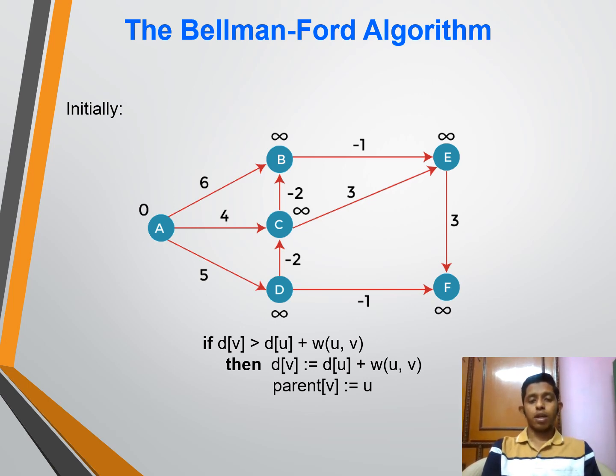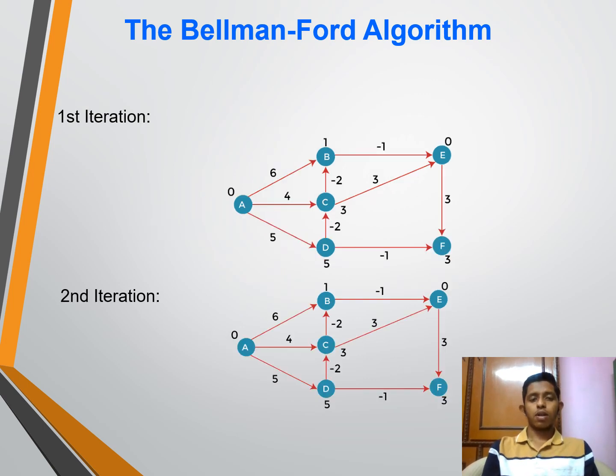And then C to B, the cost is minus 2, but B has the value 6 right now and C has the value 3 right now. 3 minus 2 is 1, so B has the value 1 right now and B's parent is C. So to move to B from A, the least cost path is A to D, D to C, C to B. Similarly, we will calculate for every vertex from the source vertex A, doing more iterations until we get 2 iterations with the same value.